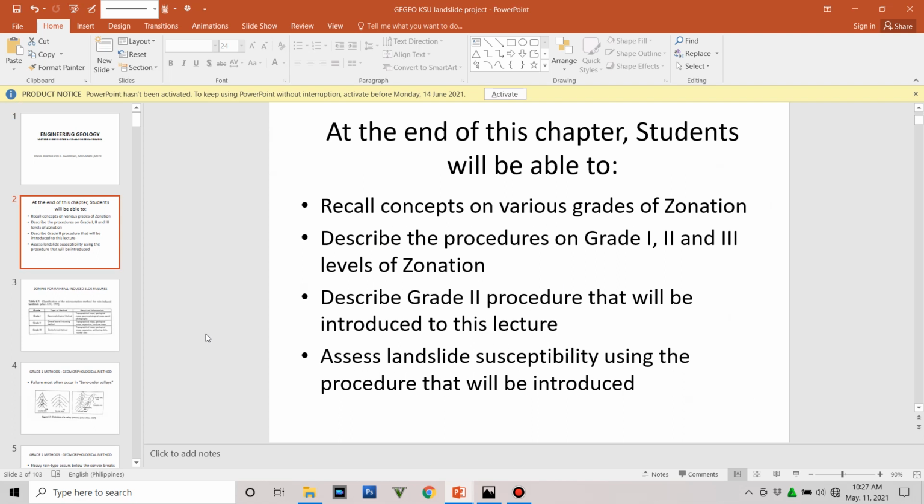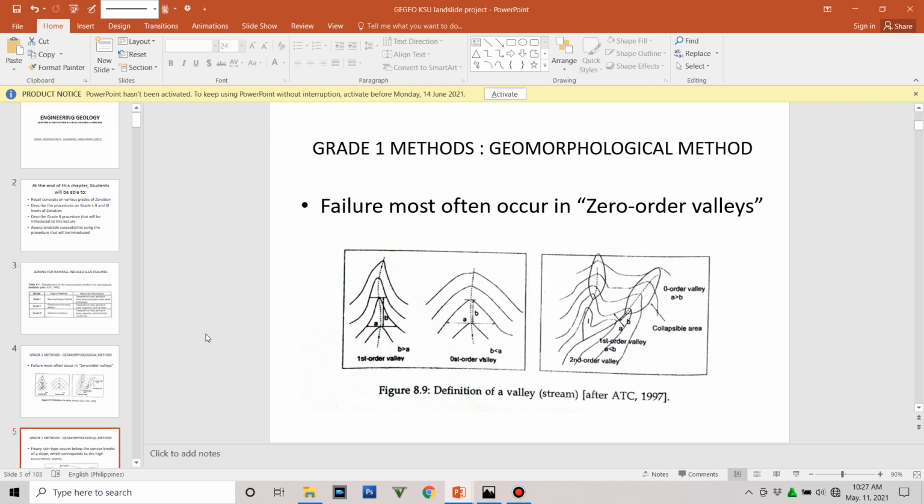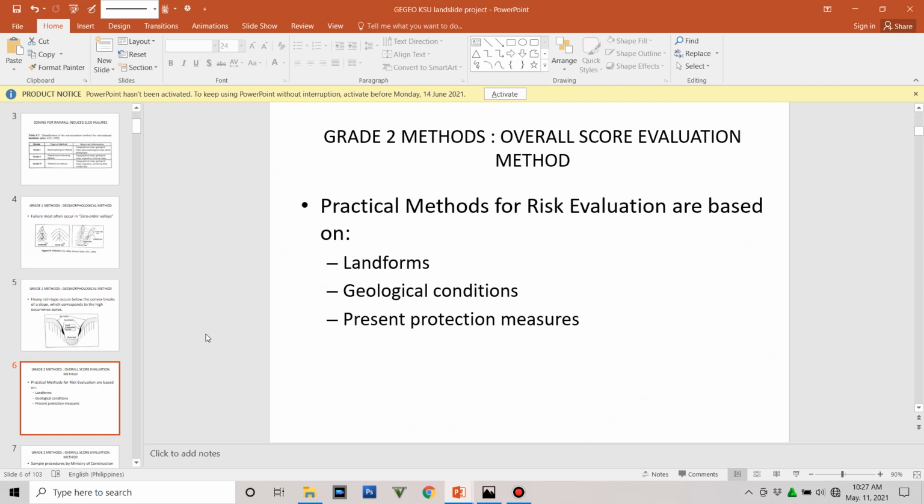Part of your assignment, if you have a mountainous terrain in your locality, you can evaluate the site using the method presented. So thank you for listening and have a good day.